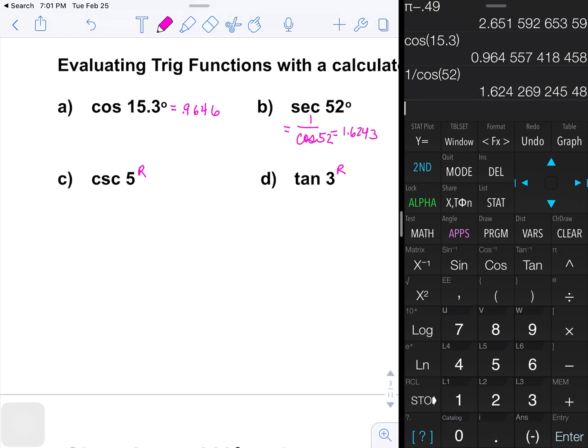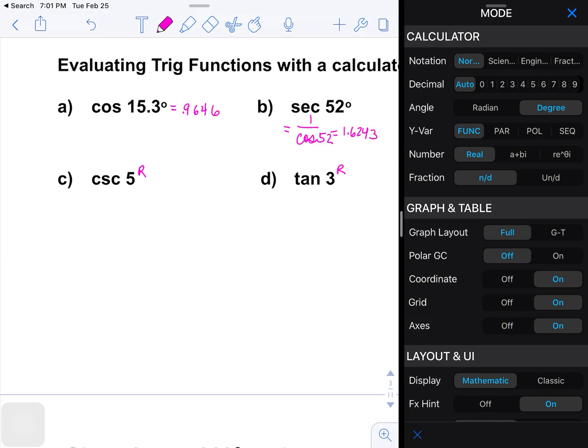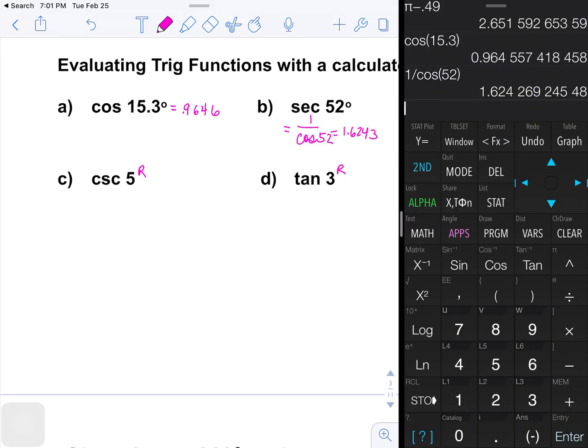1.6243. Now, the next two are in radian mode, so we're going to press mode on our calculator and make sure radian is highlighted this time. And cosecant is not a button that's directly on my calculator, so I have to write this in terms of sine. Cosecant's the reciprocal of sine. So we'll do 1 divided by sine of 5 radians.